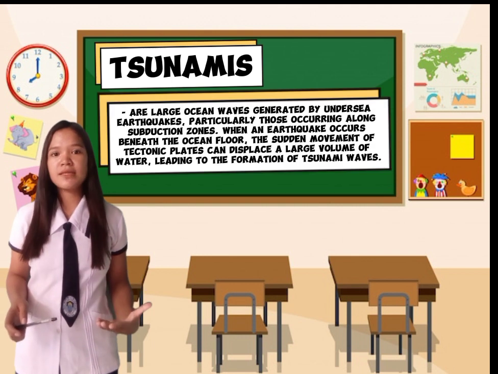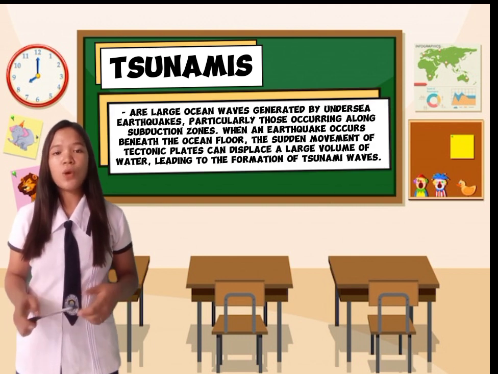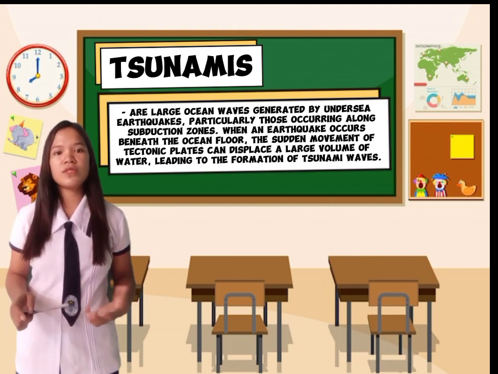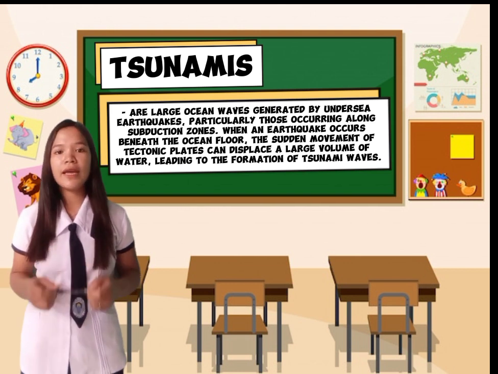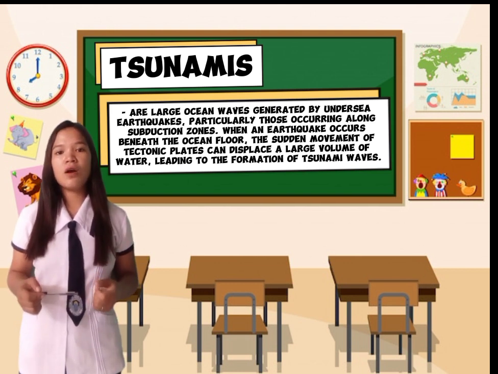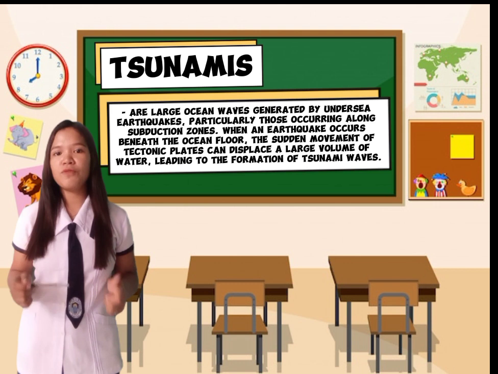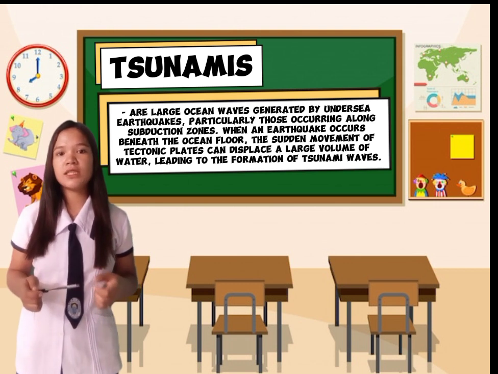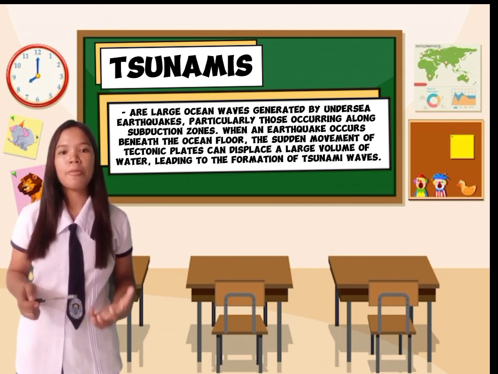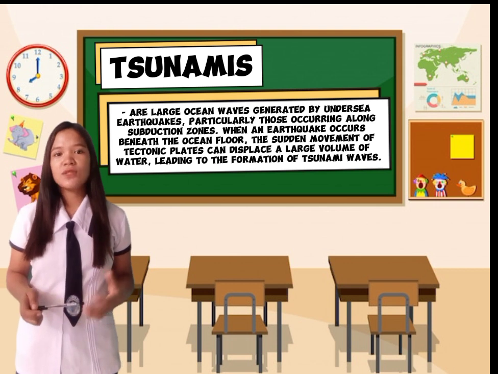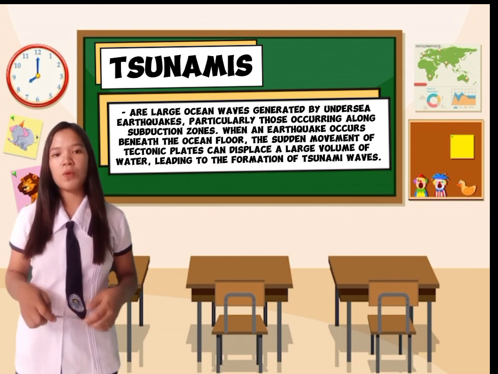Tsunamis are large ocean waves generated by undersea earthquakes, particularly those occurring along subduction zones. When an earthquake occurs beneath the ocean floor, the sudden movement of tectonic plates can displace a large volume of water, leading to the formation of tsunami waves.